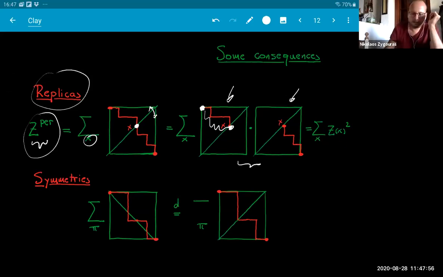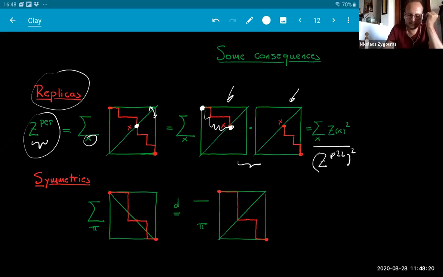So, well, if this was also divided by the square of the point-to-line partition function, then on the right-hand side, I will have the probability of two independent polymers moving in the same environment, ending up at the same location.